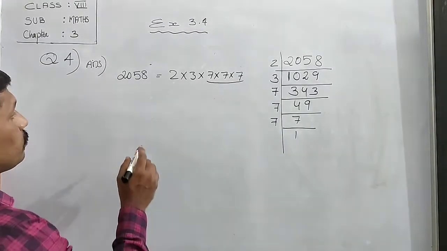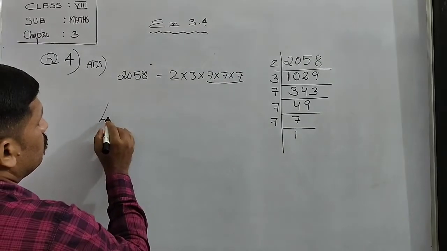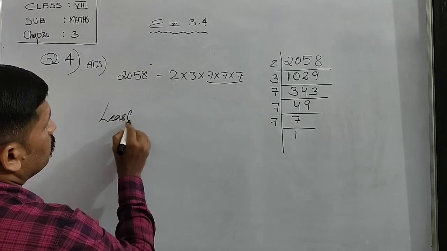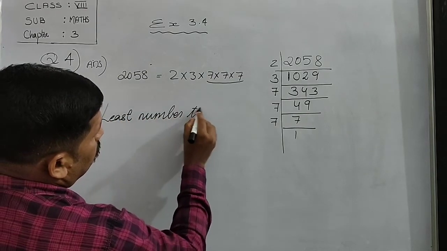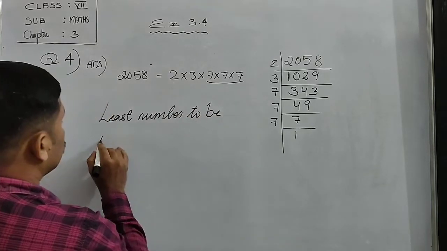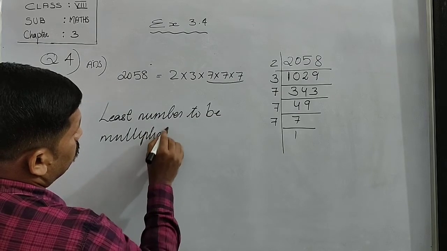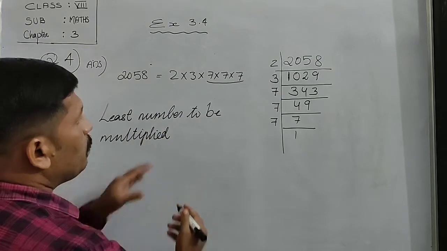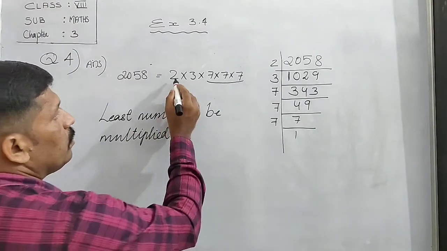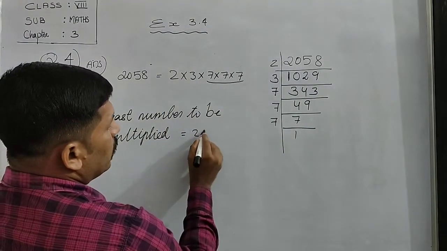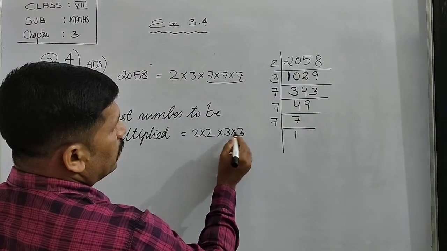So here we write: least number to be multiplied to make it a perfect cube is equal to, with this 2, 2 more 2's are needed, and with this 3, 2 more 3's are needed.